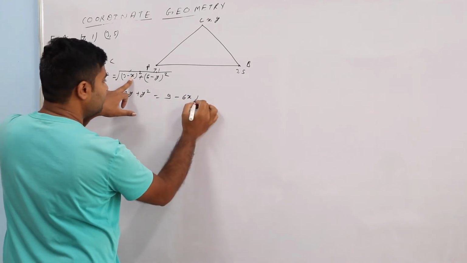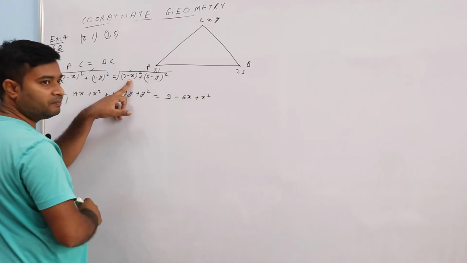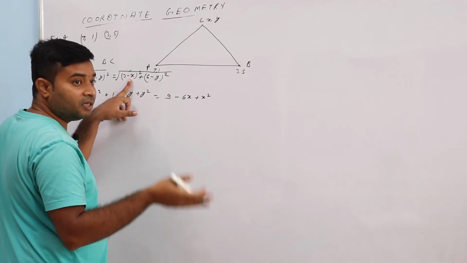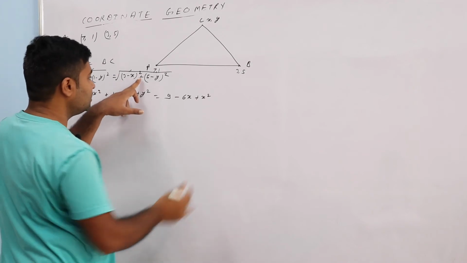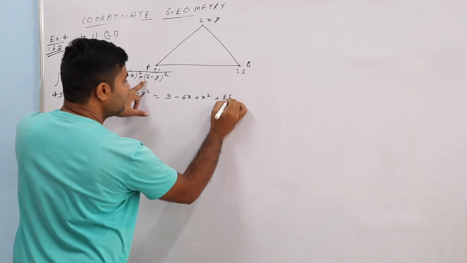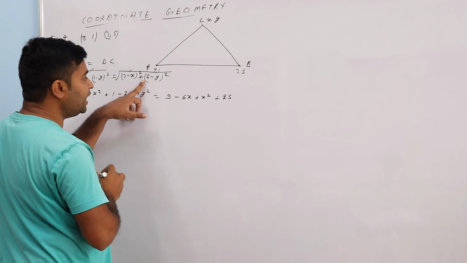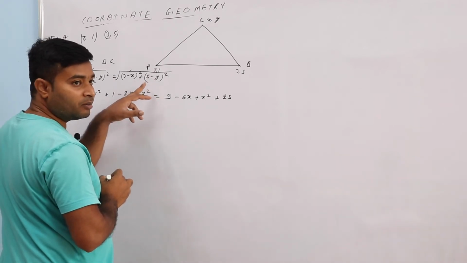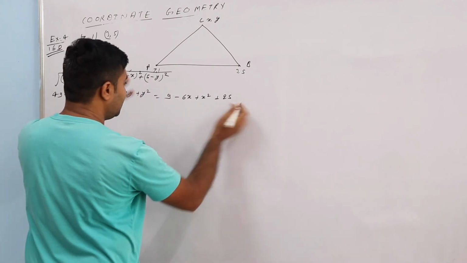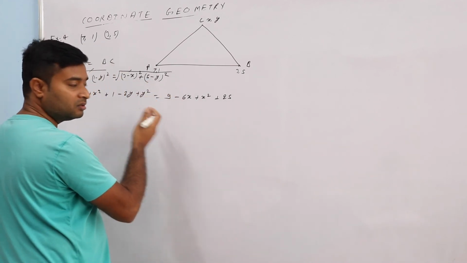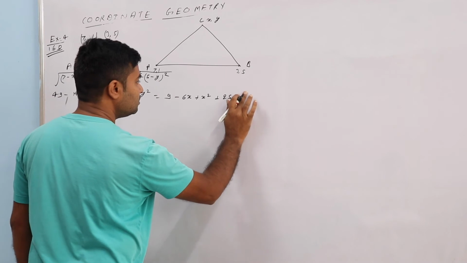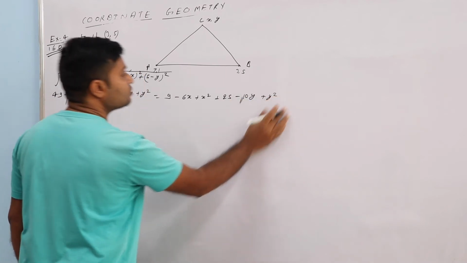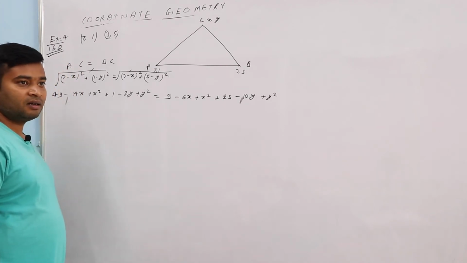Then plus b square, which is 25. Then 2ab means how much? 5 twos are 10, minus 10y plus y square. Plus y square.